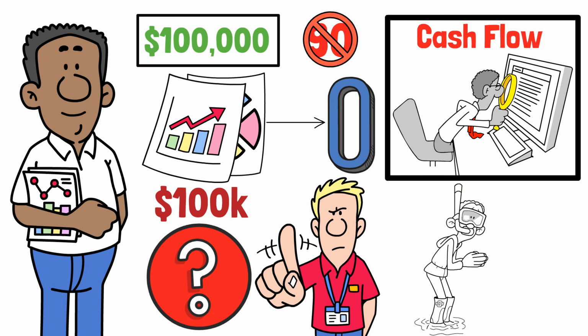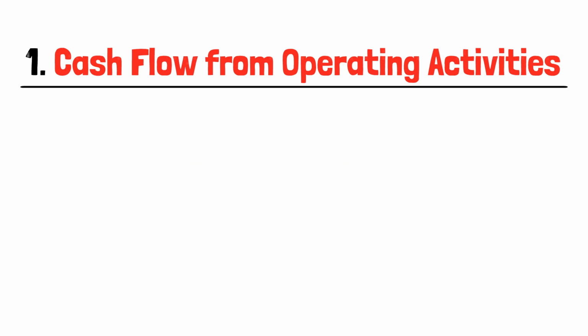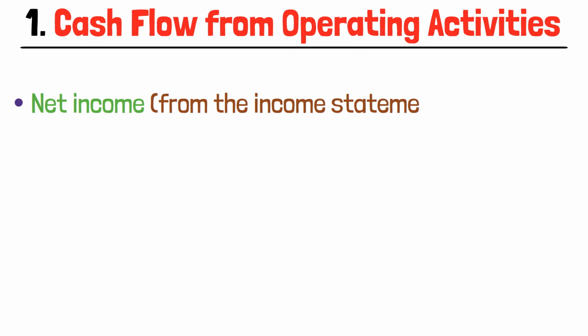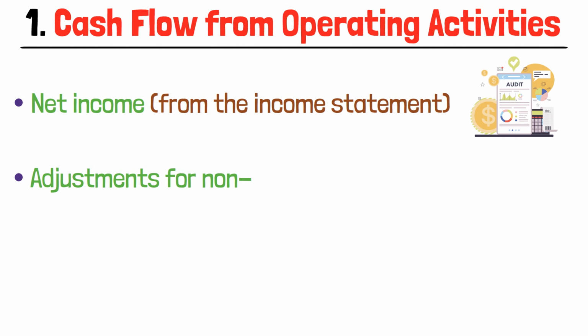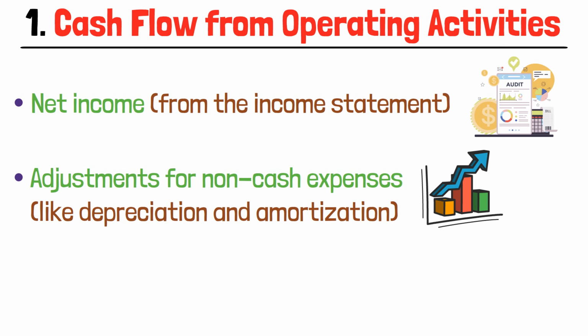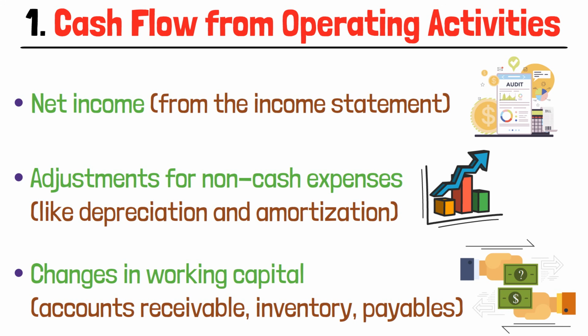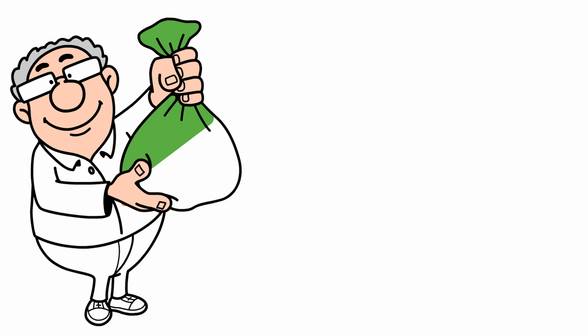Let's dive a little deeper into each section, shall we? First, cash flow from operating activities. This section includes net income from the income statement, adjustments for non-cash expenses like depreciation and amortization, and changes in working capital, your accounts receivable, inventory, and payables. This tells you how much cash the core business is generating.